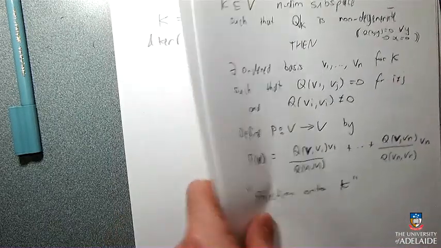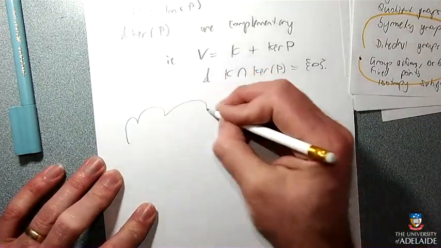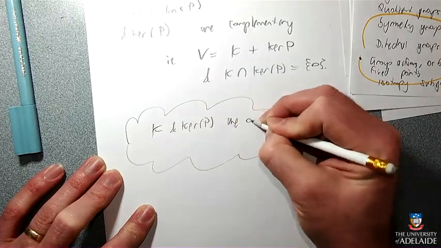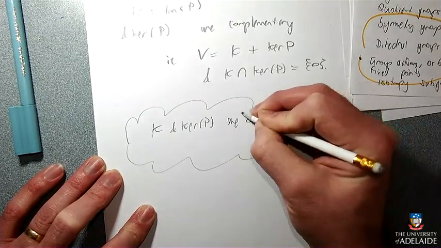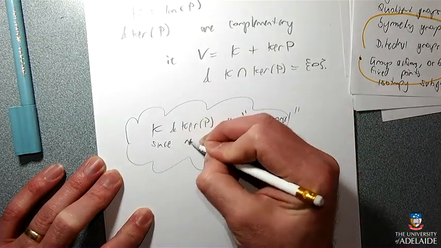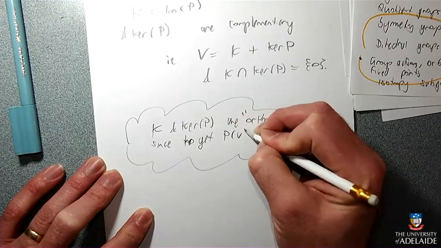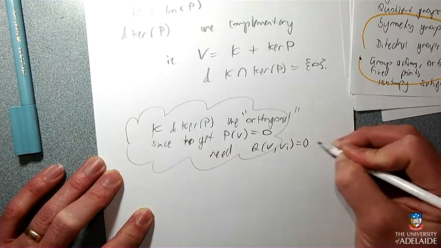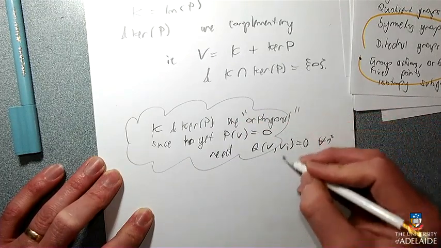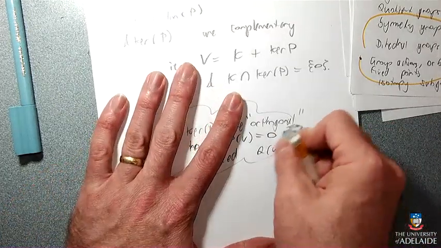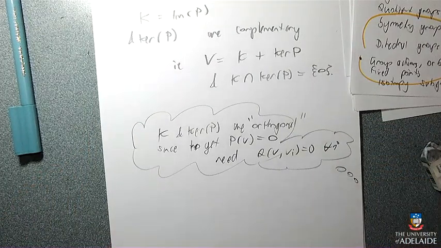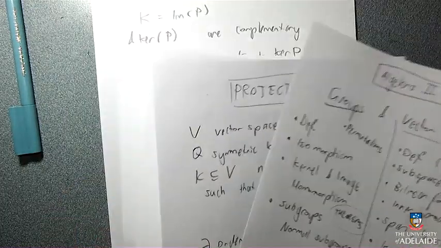So I reckon I'm going to have in my head K and the kernel of P are orthogonal. Since to get P of V equals 0, we need Q of V and Vi to be 0 for all i. Because you need each of those coefficients in the original thing to be 0, or it's not going to come out to the zero vector.